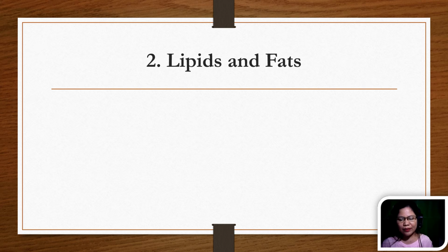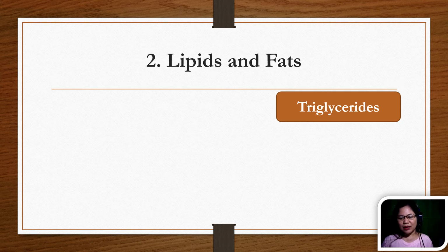While oil, we refer to the liquid type of triglyceride, and the main source of it is the plants. For example, olive oil, corn oil, sunflower oil, and soybean oil.